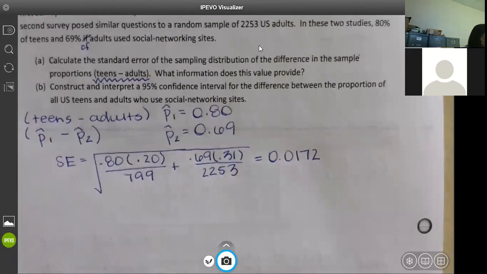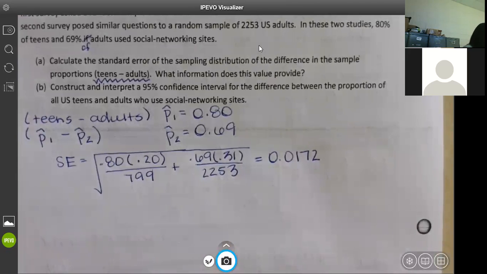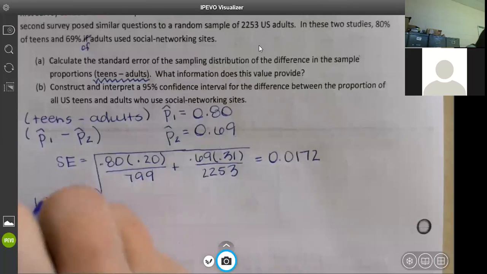So what information does this value provide? This is your standard deviation. Y'all remember how to interpret your standard deviation from a long time ago, okay? So that's all it's asking.